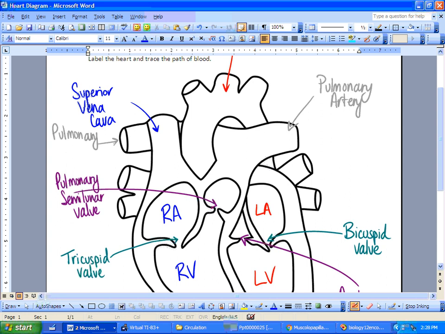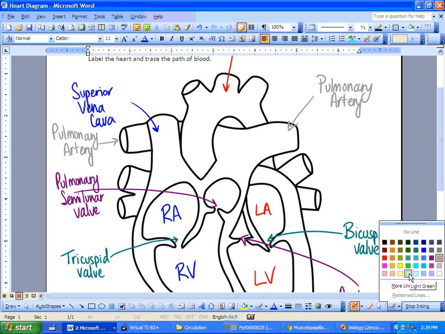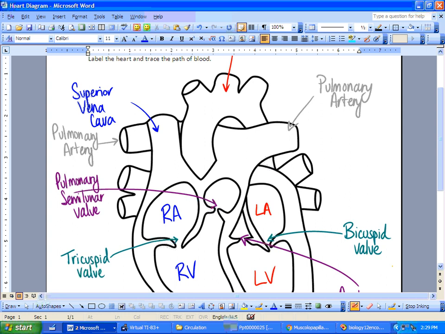So again, this arrow is not showing that blood's going into it. I'm just labeling the structure. They're actually carrying blood away from the heart to the lungs. So those are pulmonary arteries. One going to the left lung, one going to the right lung. So that blood gets oxygenated. And then when it comes back, it is going to come back to the left atrium. And it's going to do that via, I guess there's two of them here, the pulmonary veins.